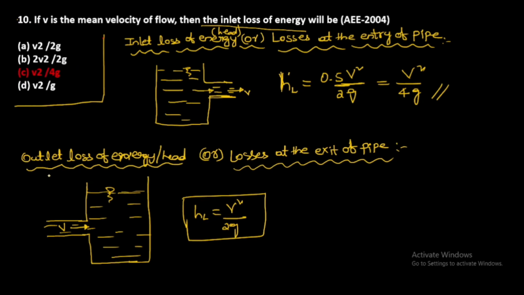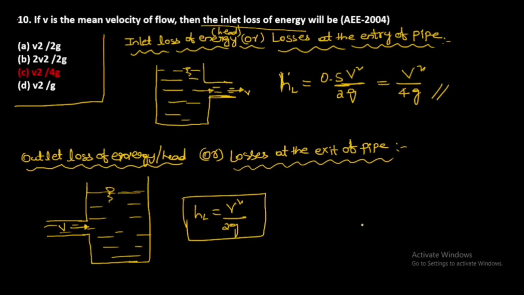He may also ask about the outlet loss of energy or head, or he may change the language like this: loss at the exit of the pipe. Why outlet loss? Because the fluid is exiting from the pipe, so he may ask like that. The expression is HL is equal to V square by 2G. You should not confuse this with the sudden expansion and sudden contraction concept.